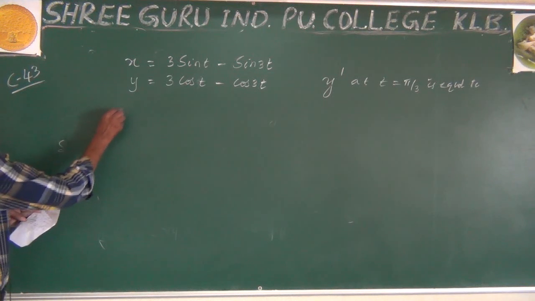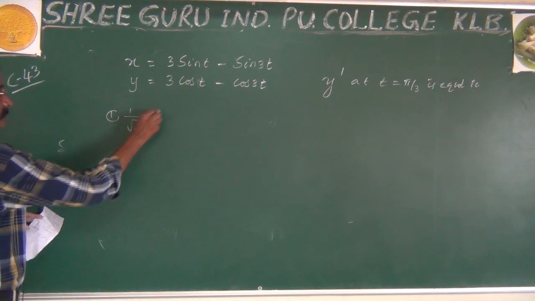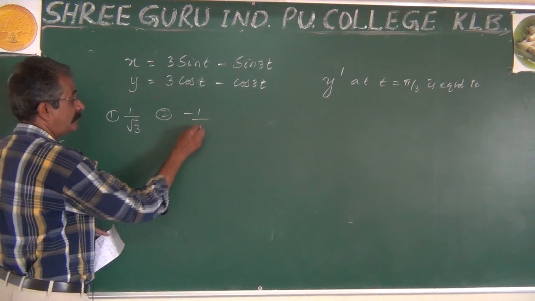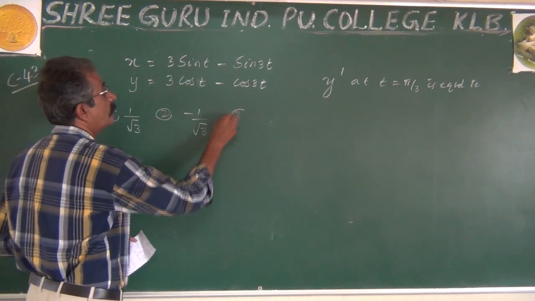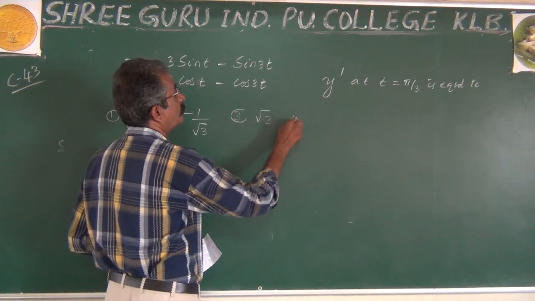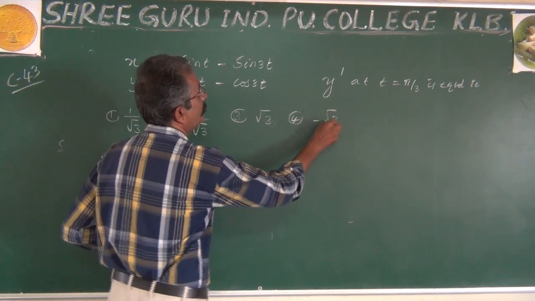First option 1 divided by root 3, second option minus 1 divided by root 3, third option root 3, fourth option minus of root 3.